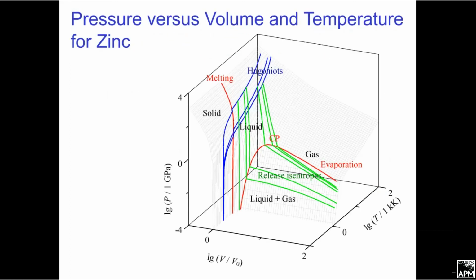To describe thermodynamic properties over a wide range of pressures, volumes, and temperatures, we need to know the equation of state, and this equation of state determines a two-dimensional surface in three-dimensional space, like here on this slide.